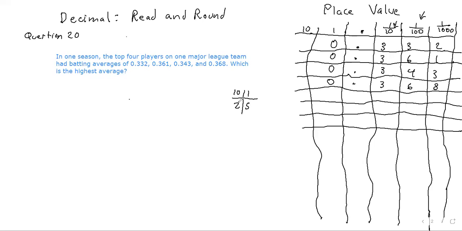Then I would read this as 2 tens, or 2 times 10, which gives us 20, and 5 ones, or 5 times 1, which gives us 5. So if the place value is higher, and I have 2 times that, then that's a larger number than something that was just 5 ones. 5 times 1 is only 5.